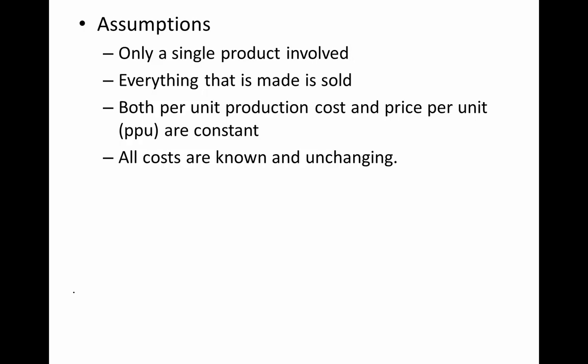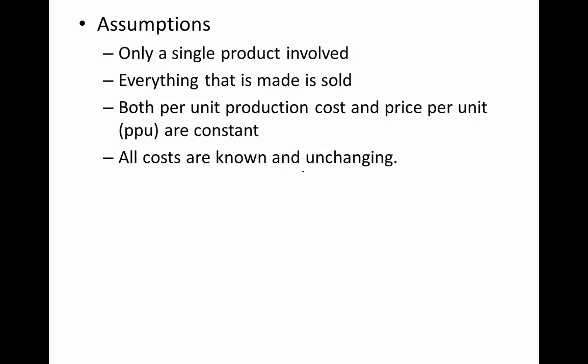First, that there's only a single product involved. Second, everything that is made is sold. Third, both per unit production cost and selling price per unit are constant regardless of the volume. And fourth, all costs are known and fixed.